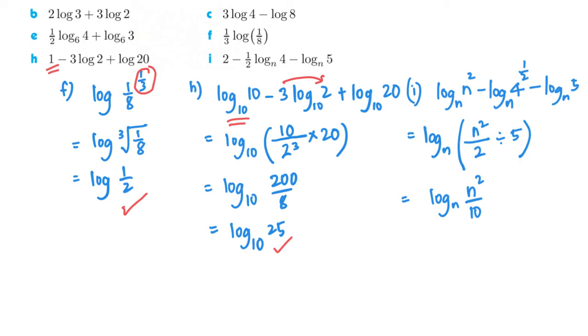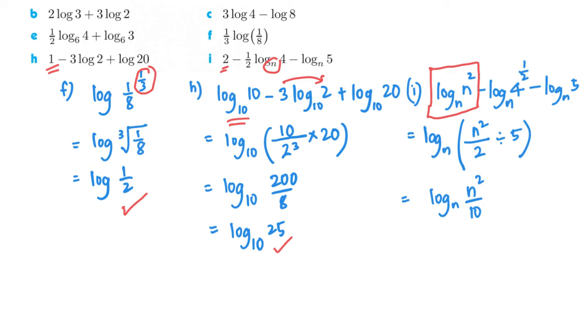Same thing here for the last one. The last one is a bit special because the base is n. We're going to convert 2 to base n. So that will be log n squared, base n. Here I brought the half to the back. That will be the square root of 4. That makes 2, and then 5 is fine.